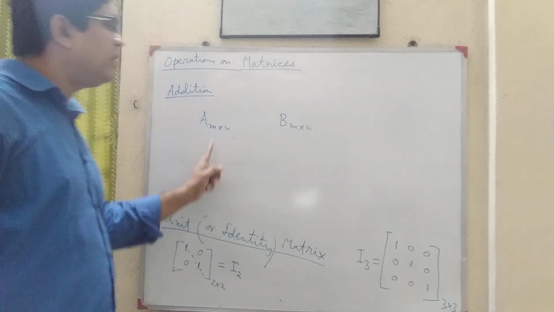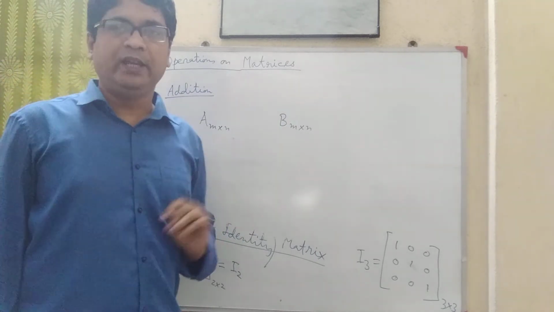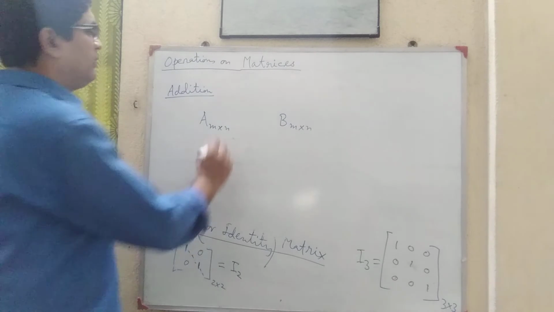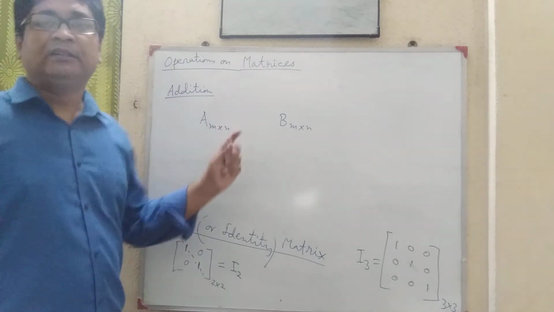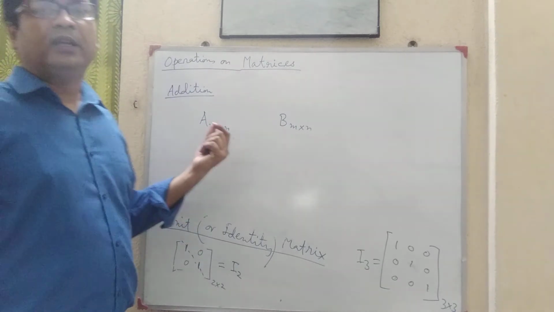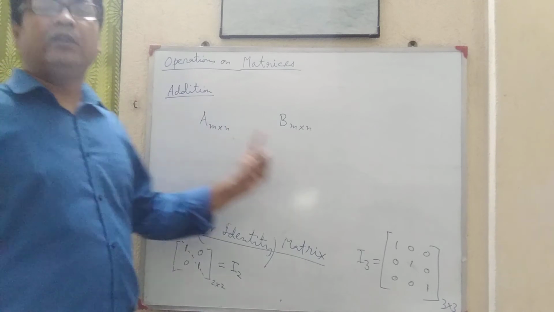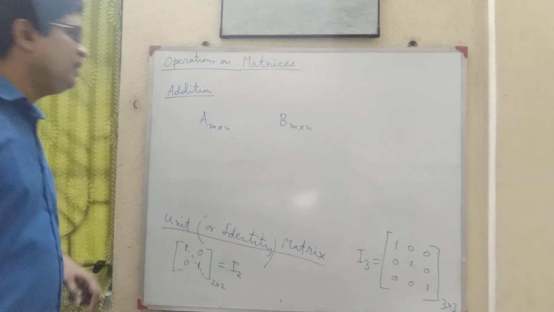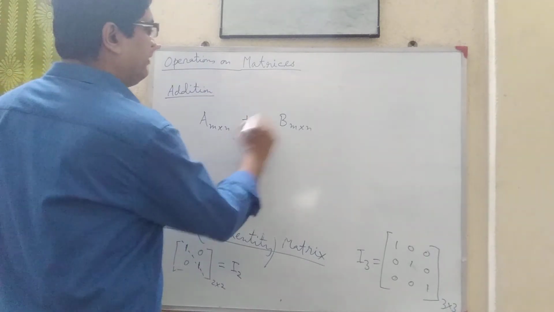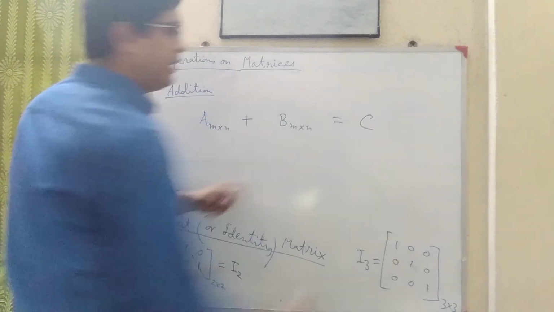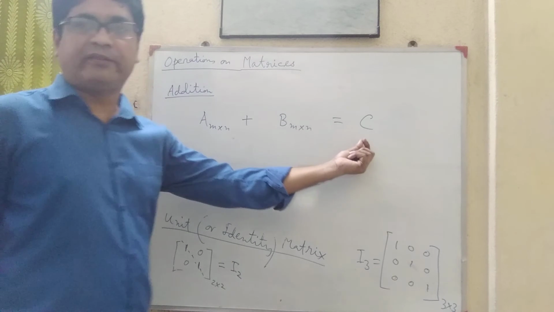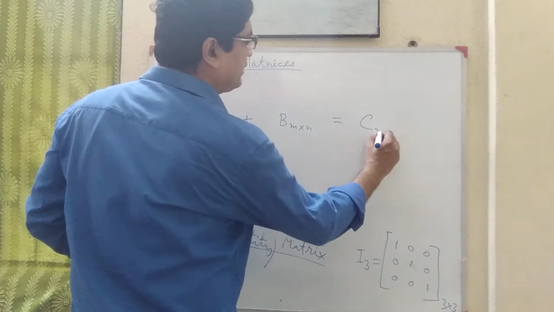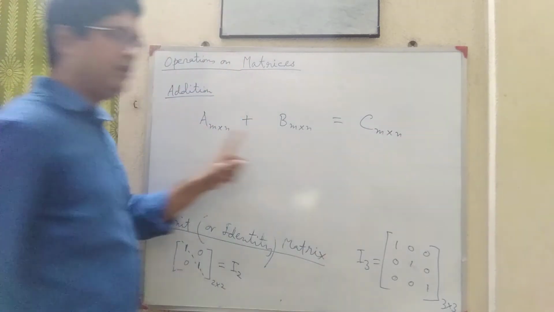Otherwise, if their orders are not equal, they cannot be added. So remember that two matrices can be added if their orders are equal. After adding, we get the answer as a matrix, and that matrix will have the same order as A and B.